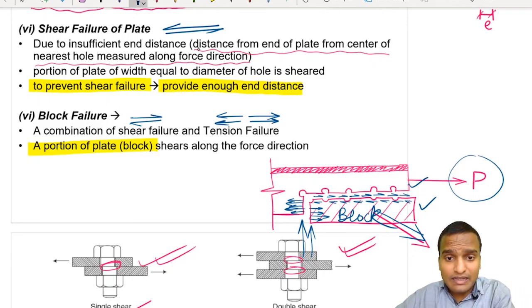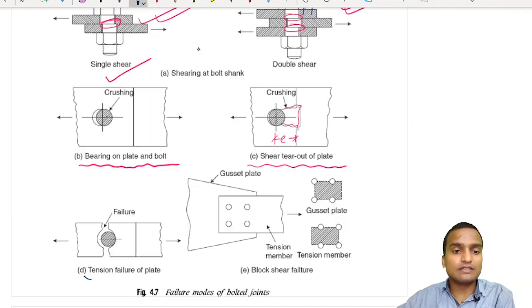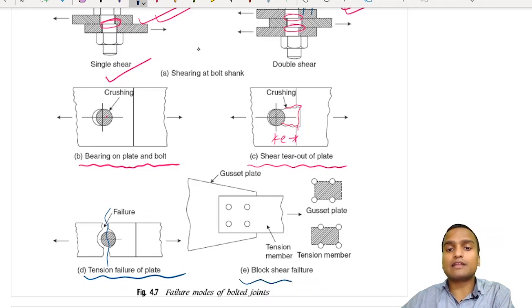So this vertical edge has failed due to tensile failure, and this horizontal edge has failed in shear failure. So block failure is a classical example of a combination of shear failure as well as tensile failure. So this is the diagram of tensile failure of plate which is occurring along the bolt line, and this is the diagram of block shear failure in which the block has got separated from the joint.